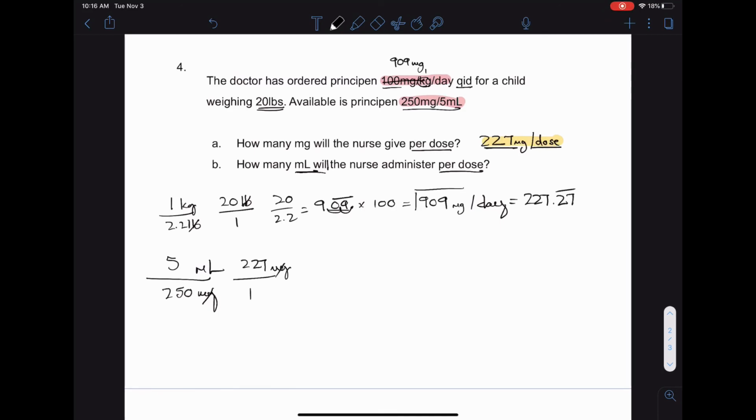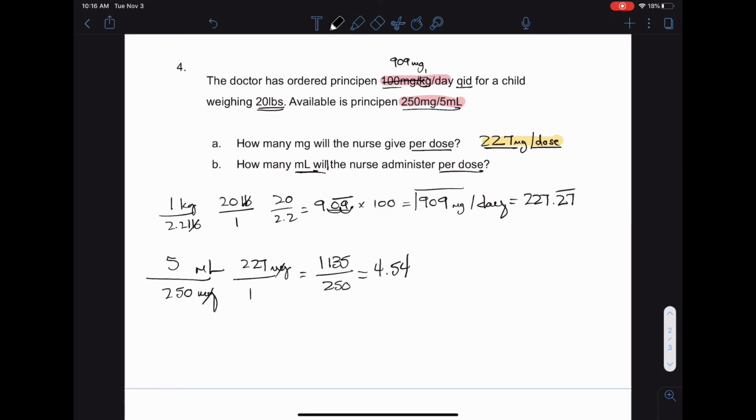So we are good to start multiplying across. 227 times 5 equals 1,135, divided by 250 equals 4.54.